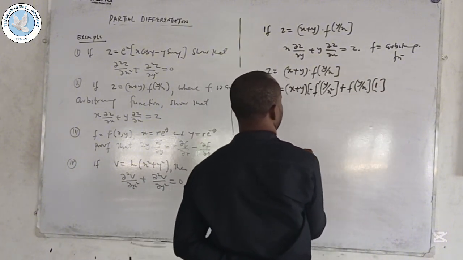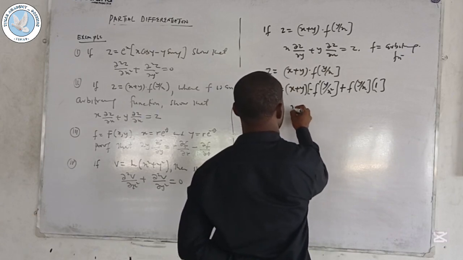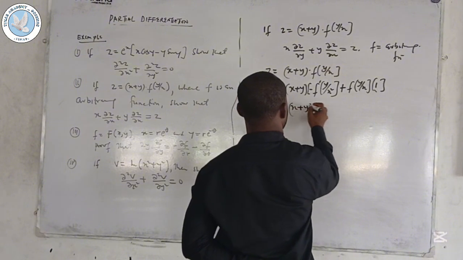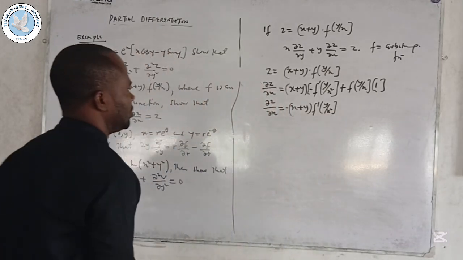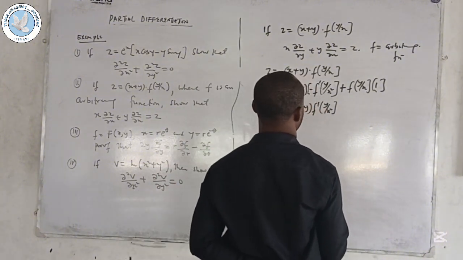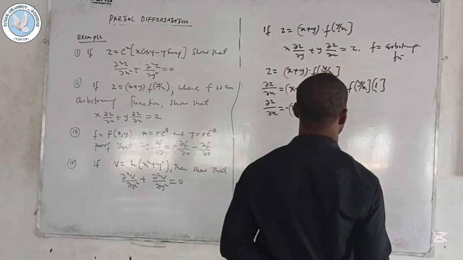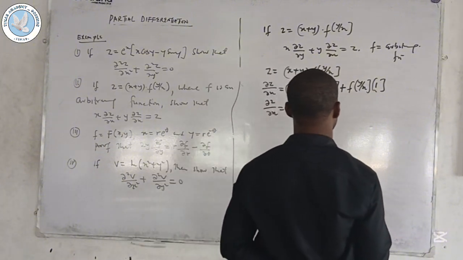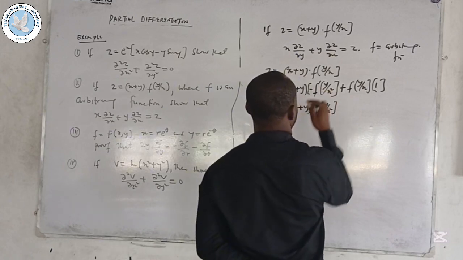So in this case, we have that dz, the x is this, that is minus y divided by, and we can also notice that we needed to replace this with the right thing.